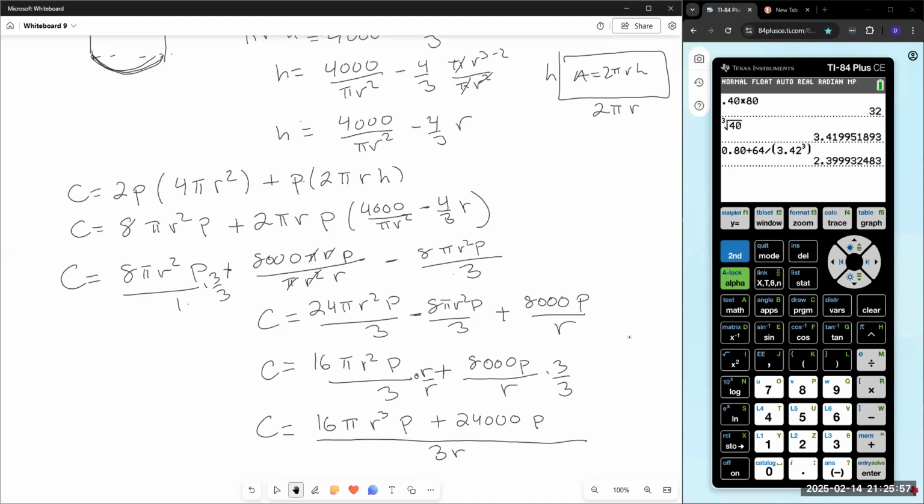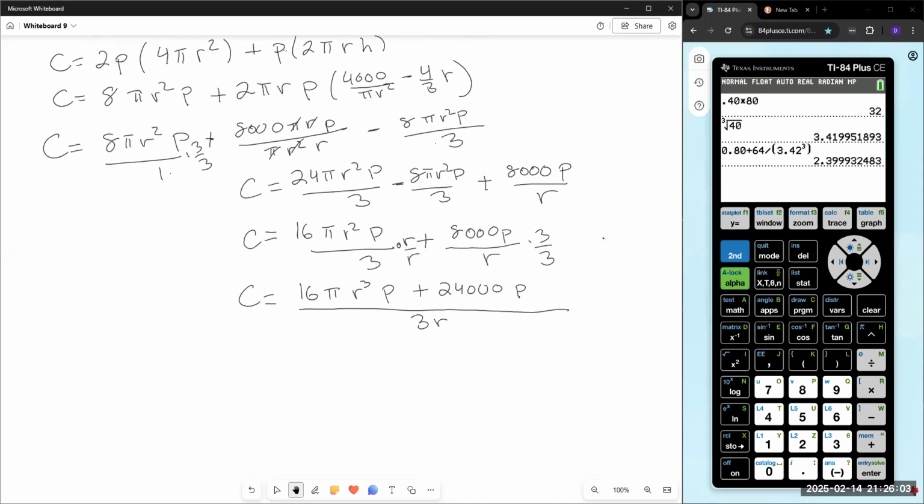a derivative, C prime. Let's go back to this form right up here. C, before I did this, was 16 thirds pi r squared p plus 8,000 p over r, or let's call that r to the negative first.